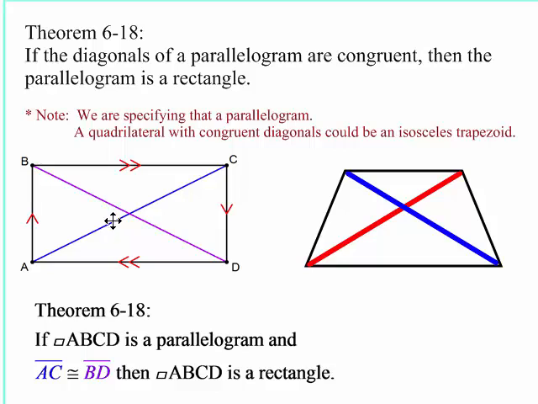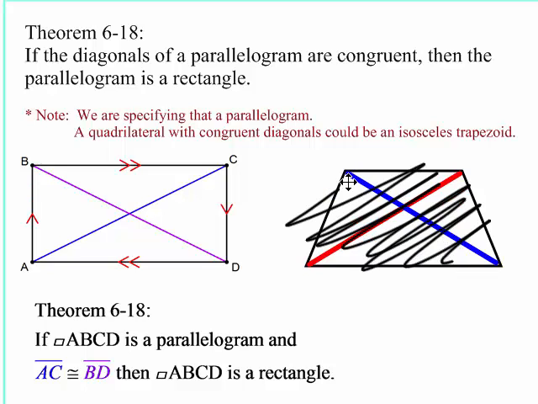And it is. Now the image to the right is almost following what we're describing, except it's not a parallelogram in the first place. See, the diagonals are congruent, but it is not a parallelogram, so therefore that is not a rectangle. It's an isosceles trapezoid. We'll learn that later.